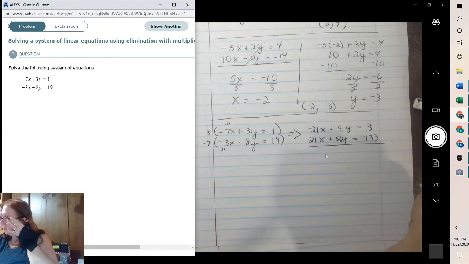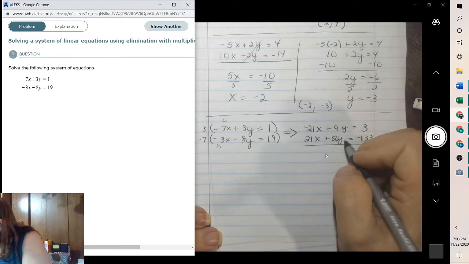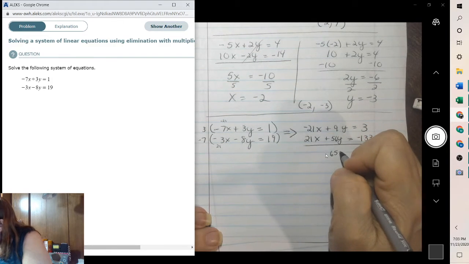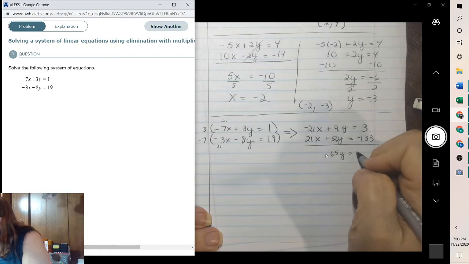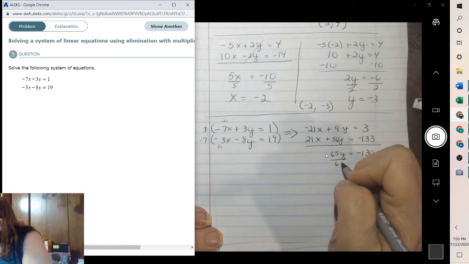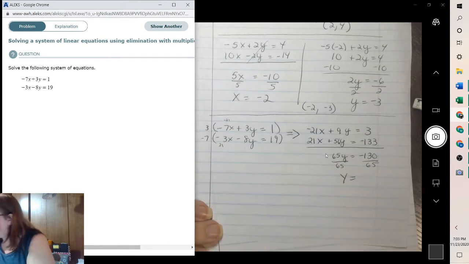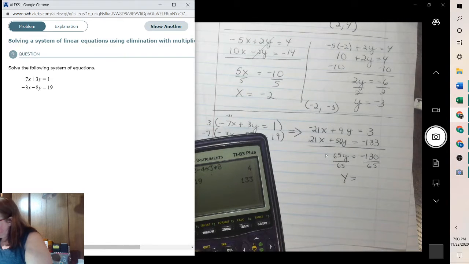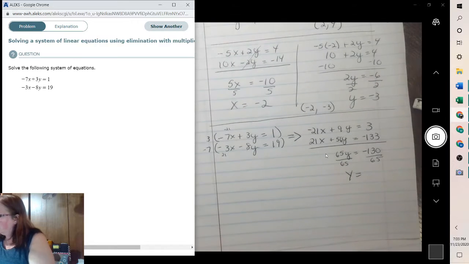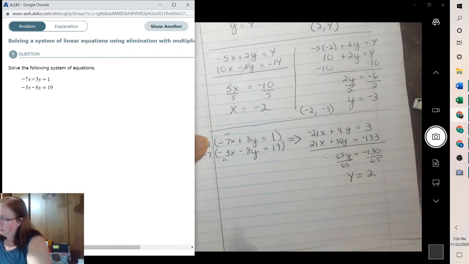So we add down, the x's drop out, and we get 65y equals a negative 130. Dividing by the 65, we get 2. So y is 2, and then you plug it into either equation to find x.